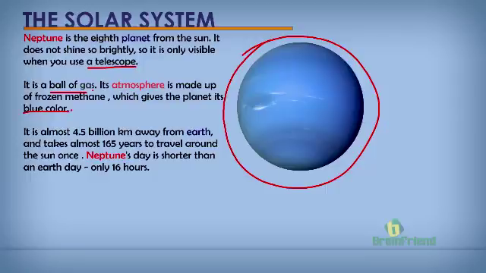This color comes from frozen methane, which makes up the atmosphere of Neptune. It is almost 4.5 billion kilometers away from the Earth, and it takes close to 165 years to travel around the Sun once. Neptune's day is shorter than the Earth's day, by only 16 hours.